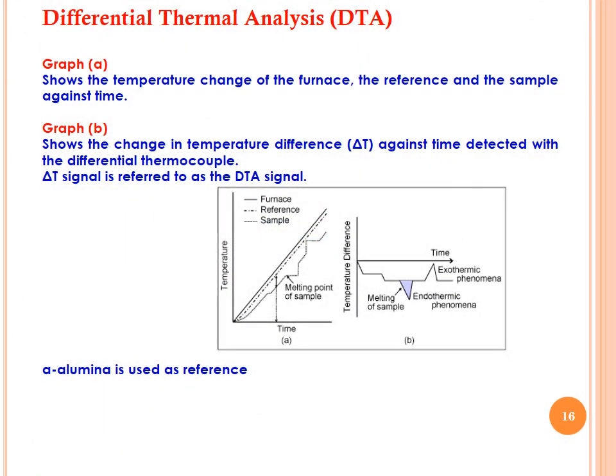As a result of DTA analysis, we get a curve, that is the temperature-time curve, also called the thermogram or DTA curve, that gives us the data that we got from the DTA analysis of any particular object. In this case, we have, for example, graph A and graph B. Graph A shows the temperature change of the furnace, the reference and the sample.